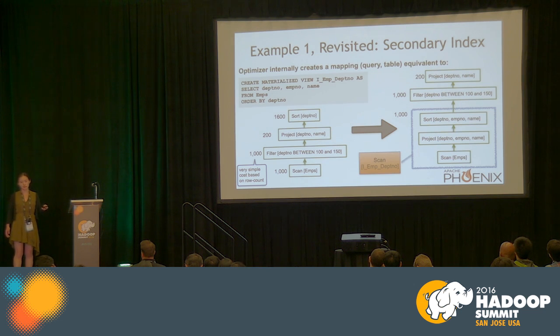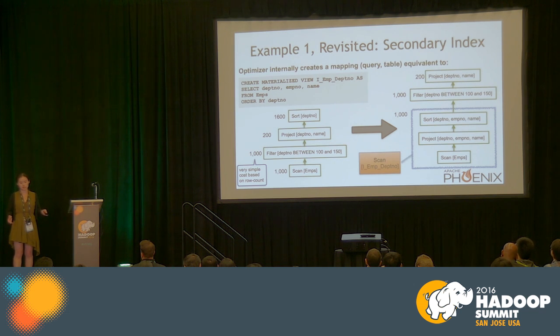And then in the end, if we cost the sort node as n log n, it's going to be something like 1,600.